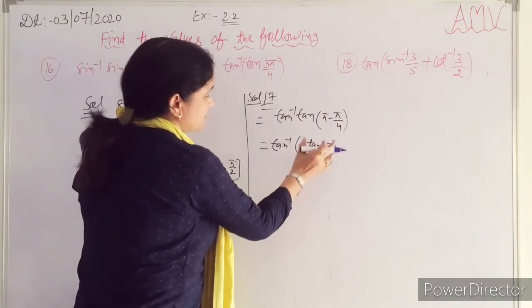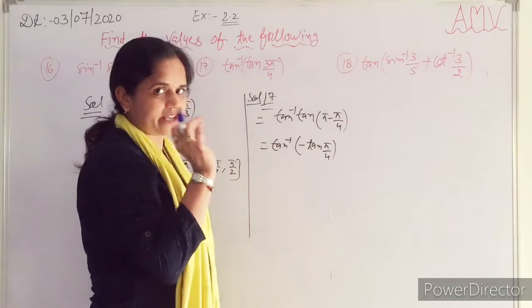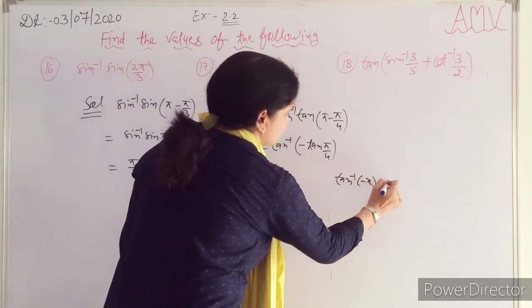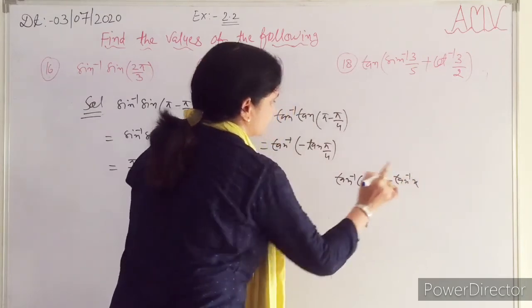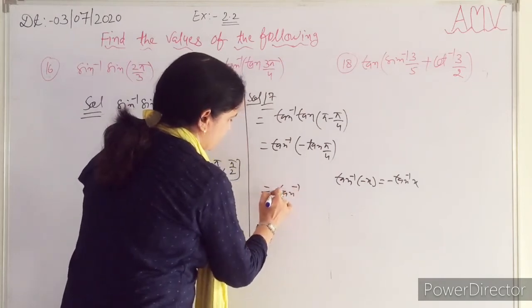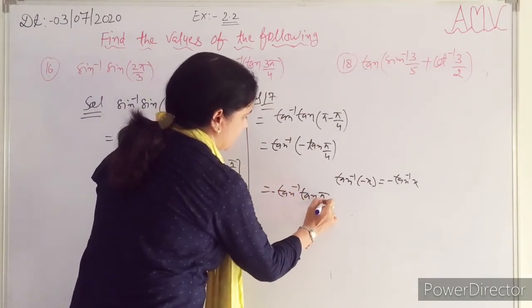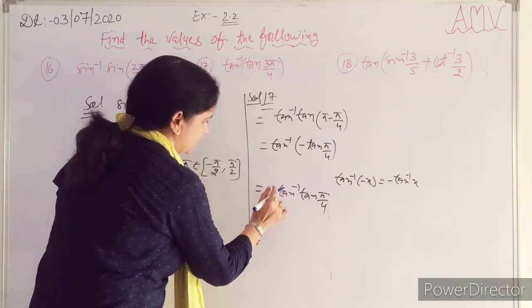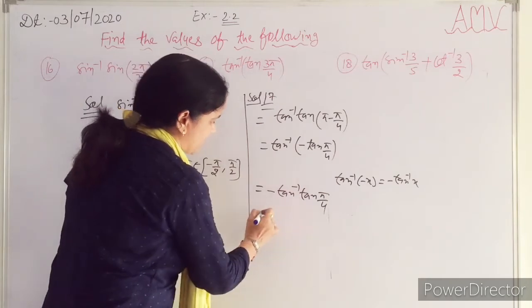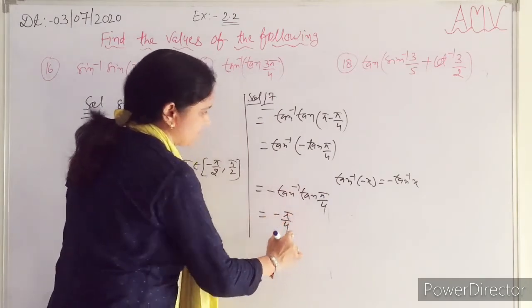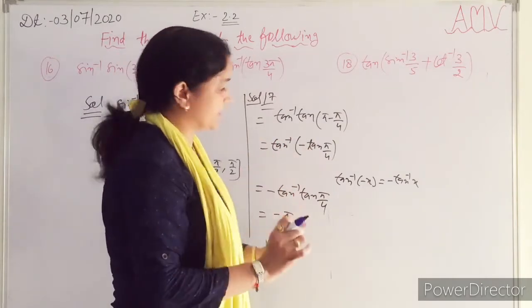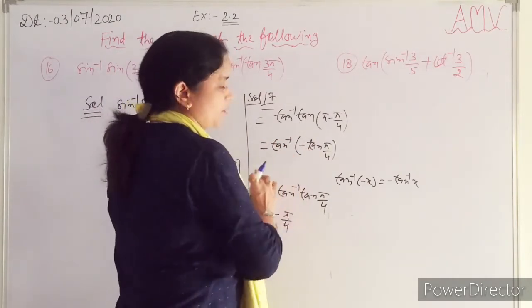Consider this whole value as x. You know that tan inverse minus x is equal to minus tan inverse x. So, student, this gives us minus tan inverse tan pi by 4, which gives minus pi by 4. So first keep the properties in your mind and then apply the correct property.